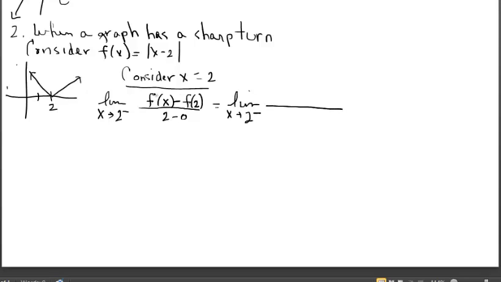Okay, for the f of x, I'm going to insert the function. f of 2, looking at the graph, we can quickly see that f of 2's output is 0, and my denominator is x minus 2.